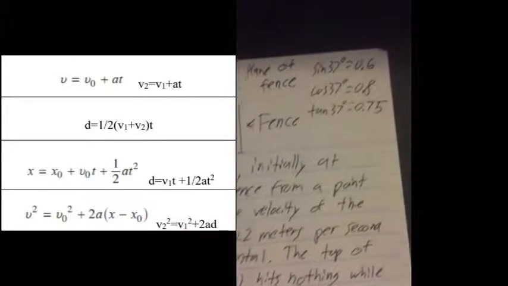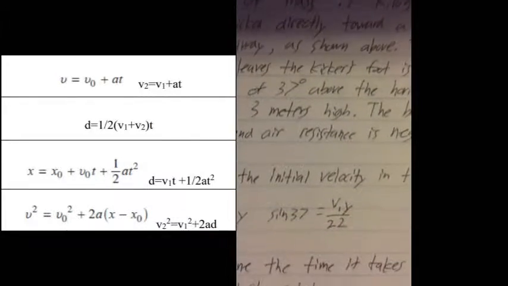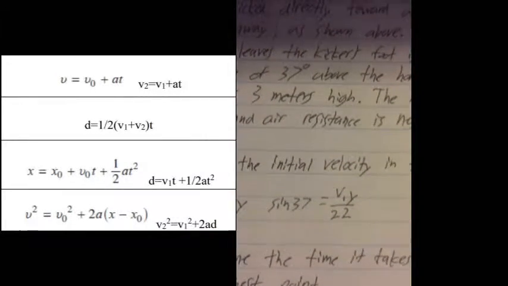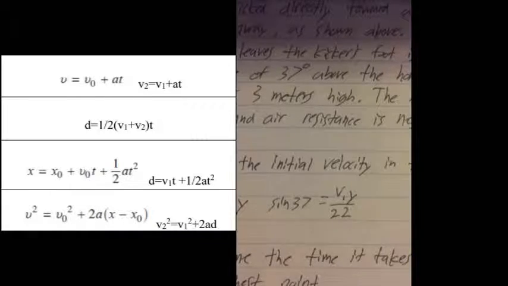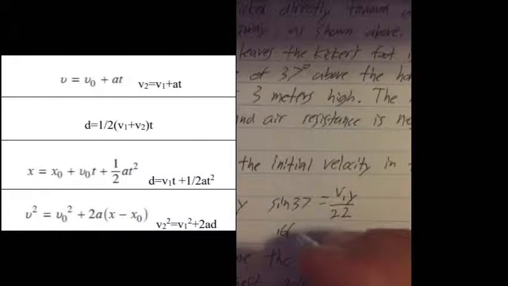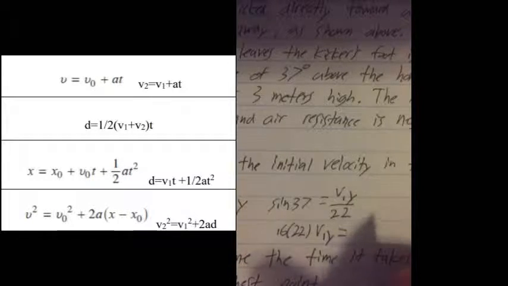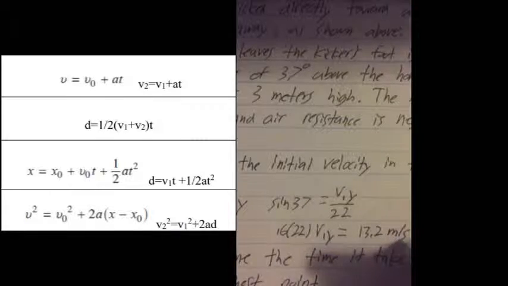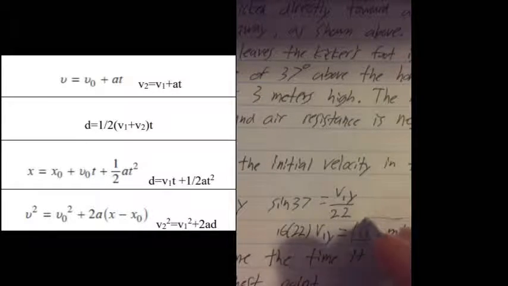Let's double check. Yes, the sine of 37 is 0.6. So you're trying to solve for the y velocity. Multiply 0.6 times 22 to get your y velocity, and that will get you 13.2 meters per second. So that's the first part of this problem.